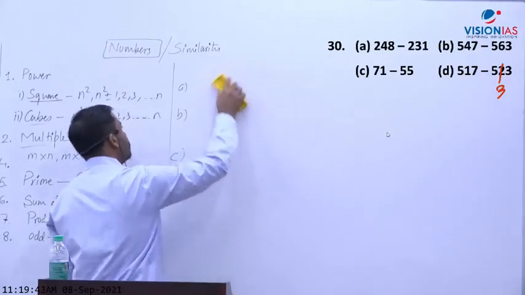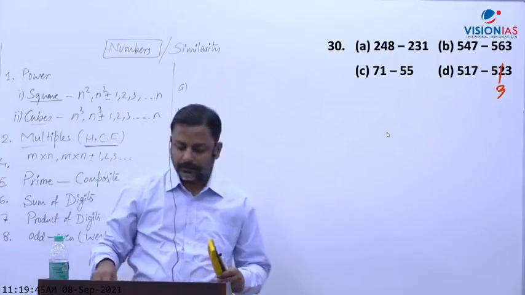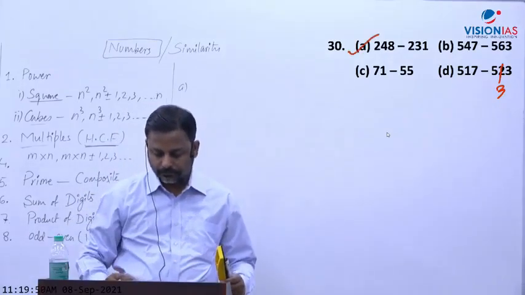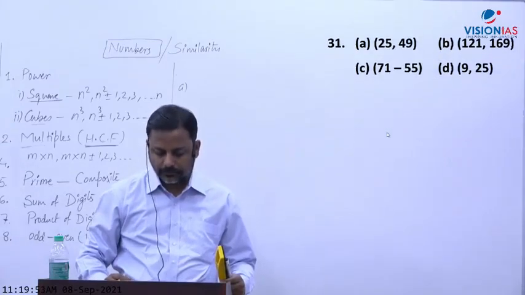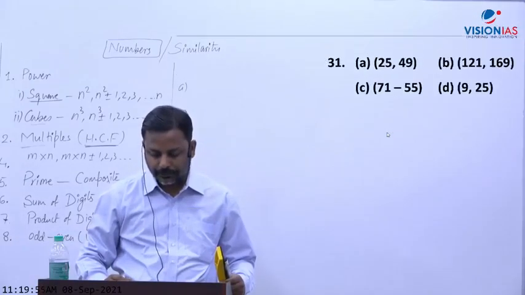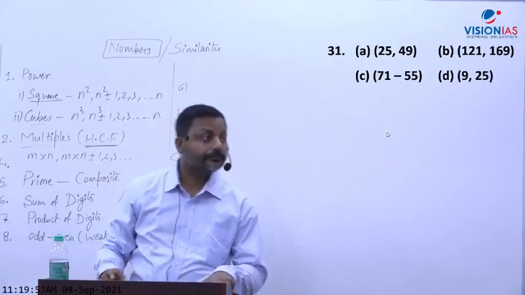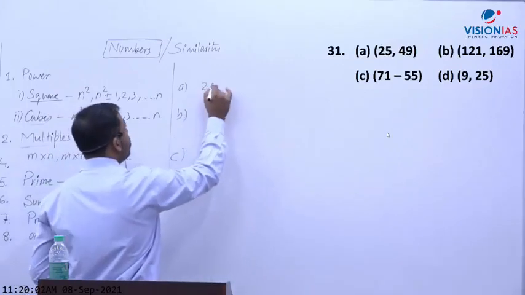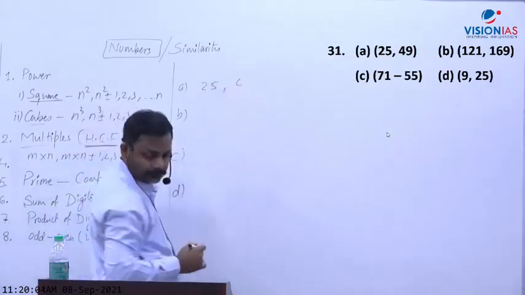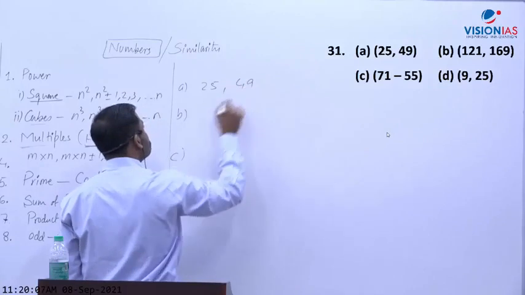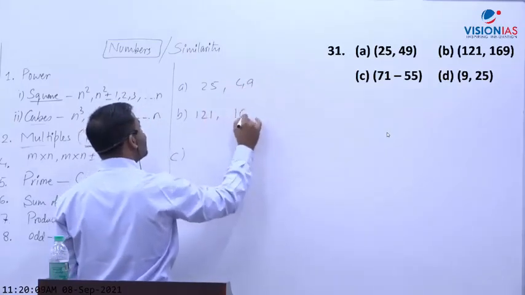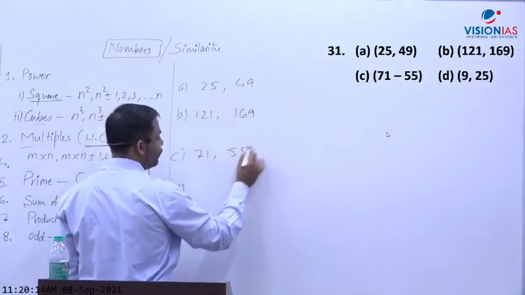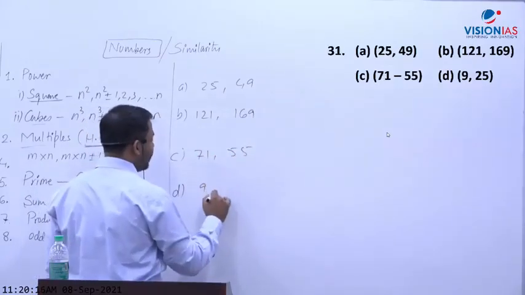So let's move to the next section. Oh, one more question is there. Rather, a few more questions are there. 25 and 49, 121 and 169. It is quite easy. 121 and 169. Again 71 and 55. 9 and 25.